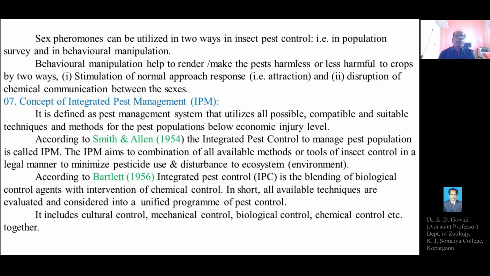Then the next type of pest control practice, the seventh, is the concept of integrated pest management. It is defined as the pest management system where we can use all possible, compatible, and suitable techniques and methods to keep pest populations below the economic injury level.